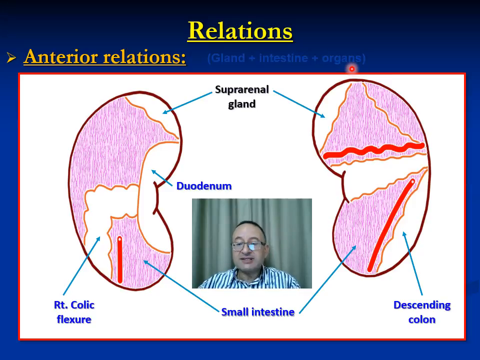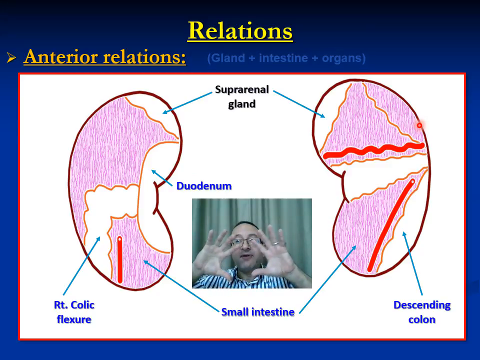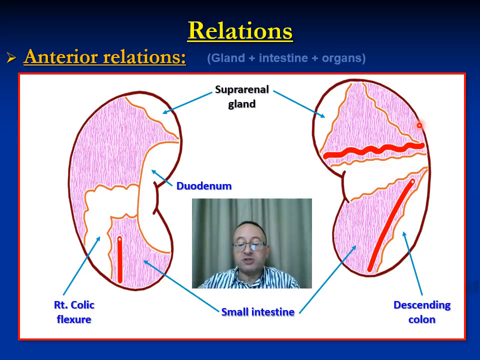There are remaining organs. What are the organs related to the anterior surface of the right kidney? I have the largest abdominal organ, which is the liver. What are the other abdominal organs on the left side? Yes, the first one, it is carrot-like. It runs horizontally in our abdomen, which is the pancreas.